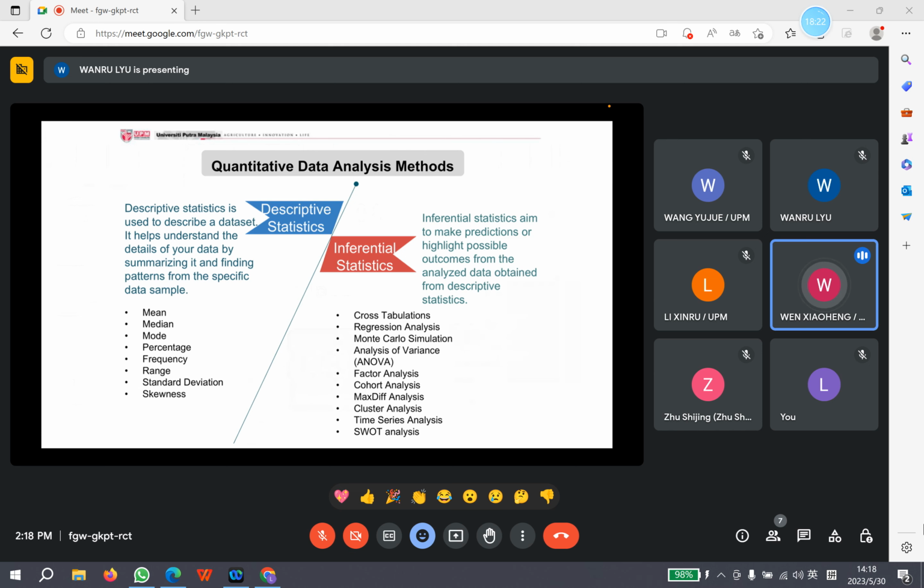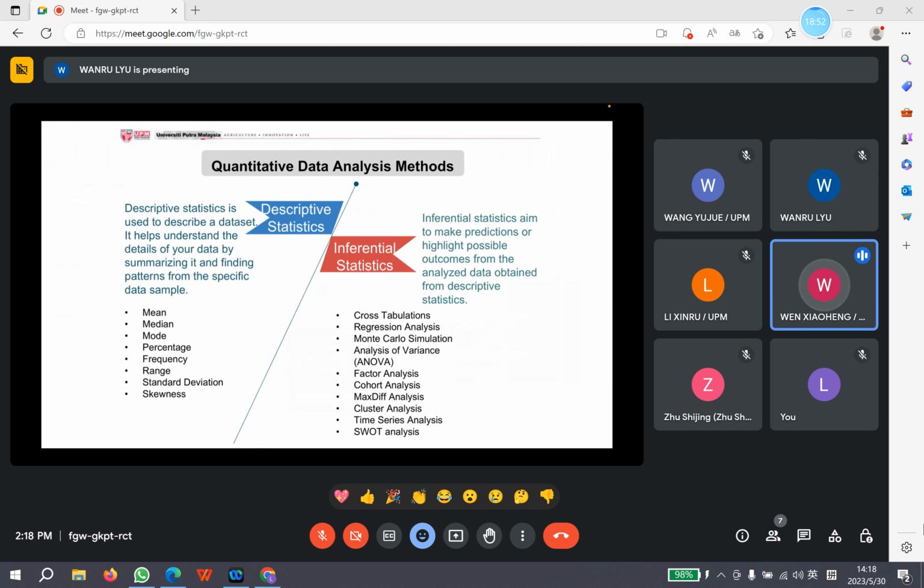It is used to describe a data set. It helps understand the details of your data by summarizing it and finding patterns from the specific data sample. And as you can see, here are some of the methods of descriptive statistics, such as mean, median, mode, percentage, range, and so on.